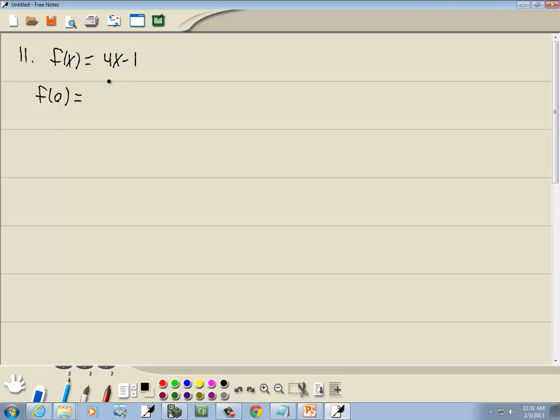We go through our original function. Everywhere you have an x, put in parentheses. Everything else remains the same. The 4 is out in front, the minus 1. We just replace the x with parentheses. Now, whatever's inside the parentheses right here is what we're going to put in over here. So in this case, it's a 0, so we'll put a 0 in over here. Well, 4 times 0 is 0, and 0 minus 1 gives us a negative 1.